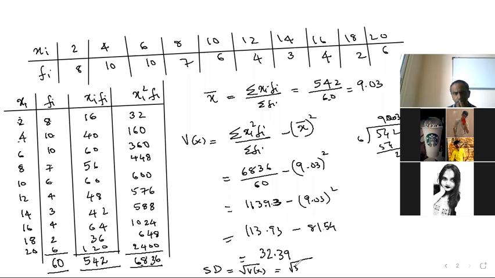The root of 32.39 must be 5 point something, 5.69. I have written the answers that the students have given me.